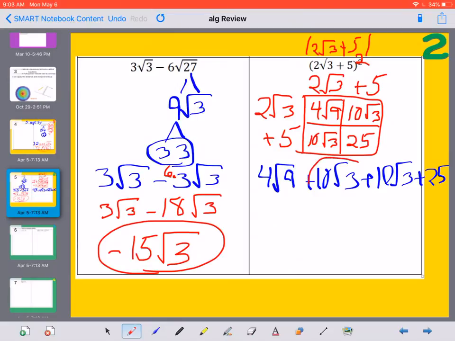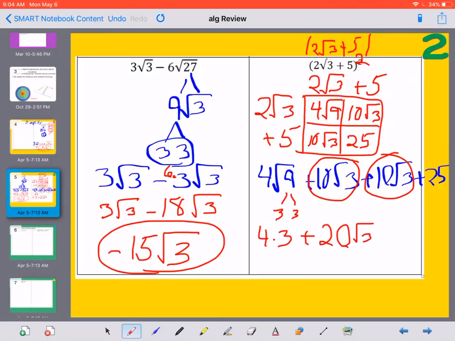I see two like terms. These two have the square root of 3. So I'm going to combine those two. But first I'm going to simplify the square root of 9 to 3. So basically now I'm going to have 4 times 3 plus 20 times the square root of 3, because 10 plus 10 is 20, plus 25. 4 times 3 is 12, plus 20 times the square root of 3, plus 25.